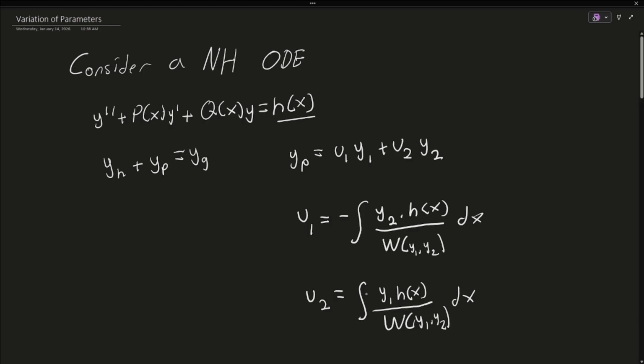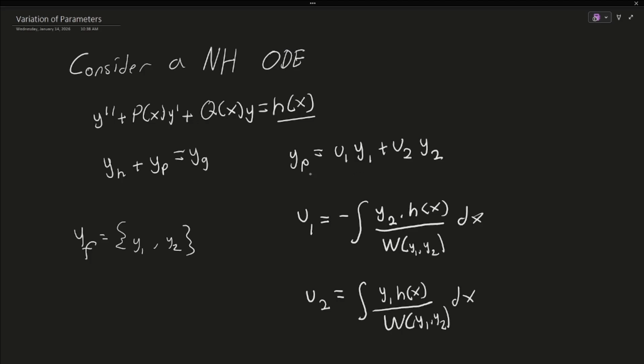u2 is equal to the integral of y1 times h of x divided by the Wronskian of y1, y2, dx. Just like we did in the method of undetermined coefficients, it's really useful to get our y fundamental. Our y fundamental will help us get y1 and y2, and these are essentially what we need to build u1 and u2.